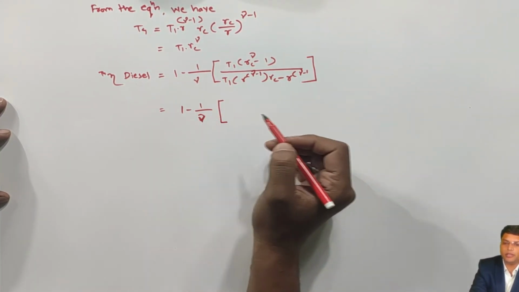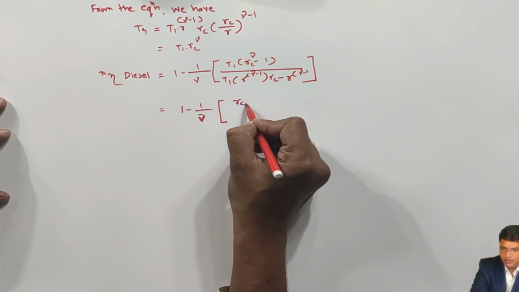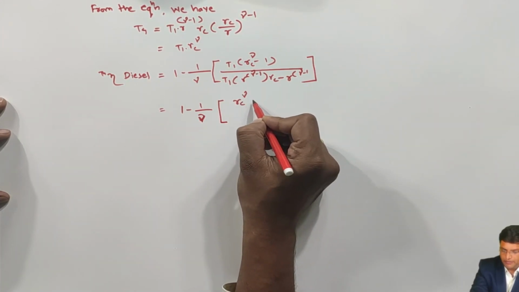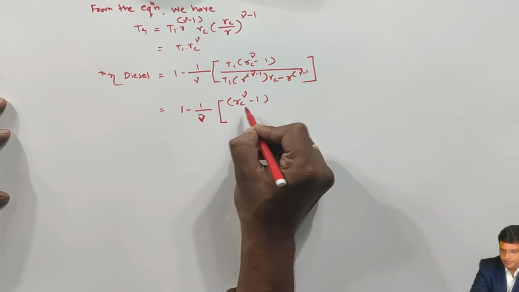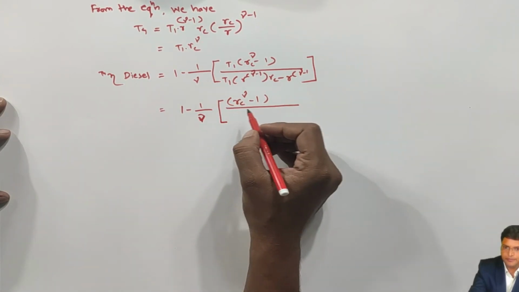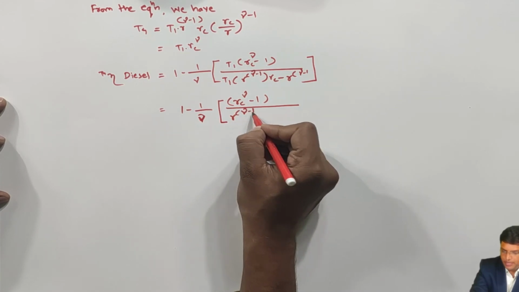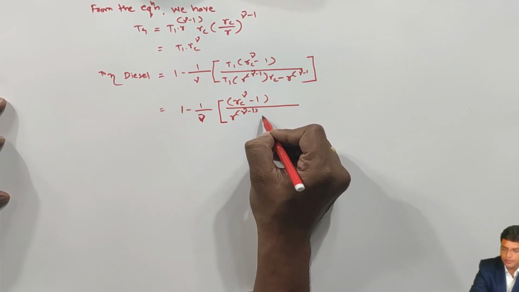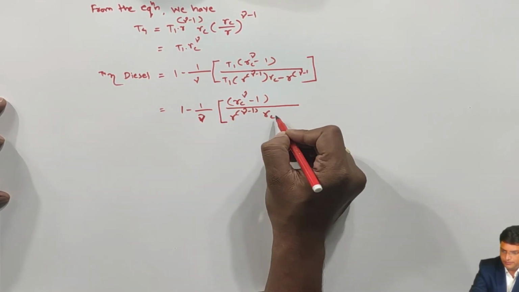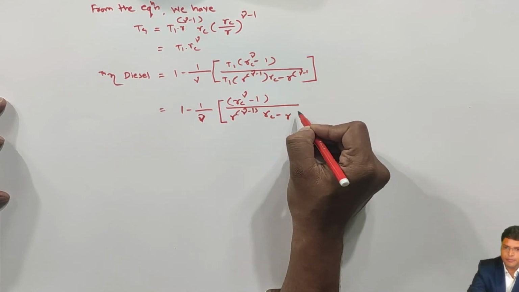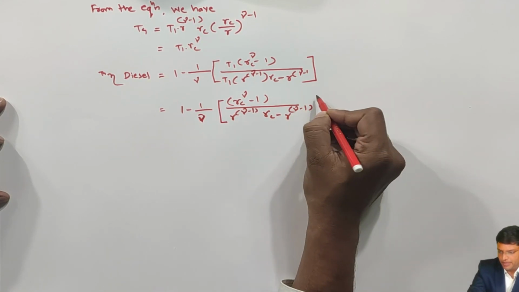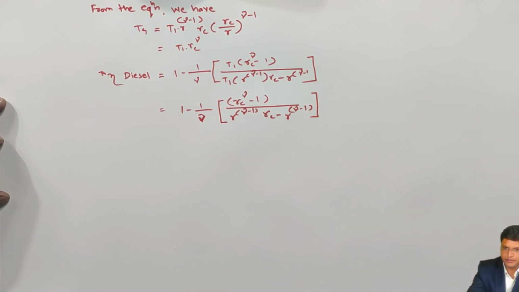Now 1 minus 1 upon gamma, rc raised to gamma minus 1 divided by r raised to gamma minus 1 into rc minus r raised to gamma minus 1, bracket complete.